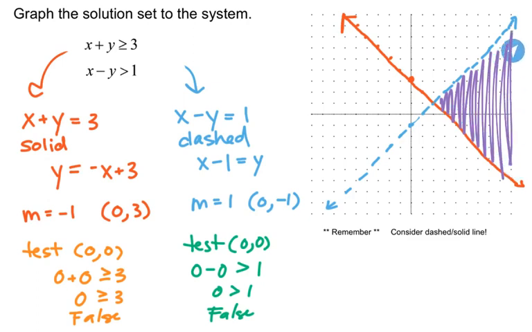That means I can pick any point in this purple region and it will work in both of the original inequalities simultaneously. So any ordered pair in this region, it can be on the red boundary, but not on this blue dashed line. And that's how we deal with a system of multiple linear inequalities.